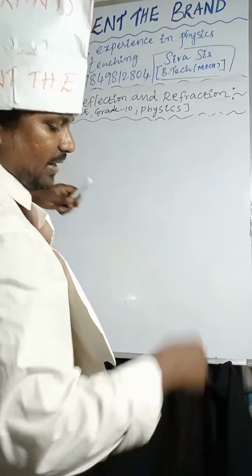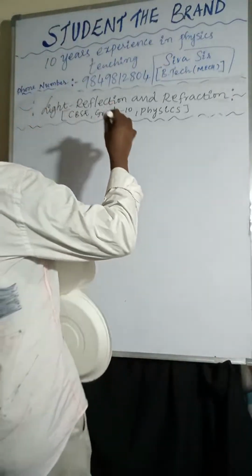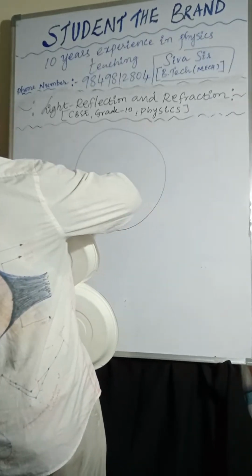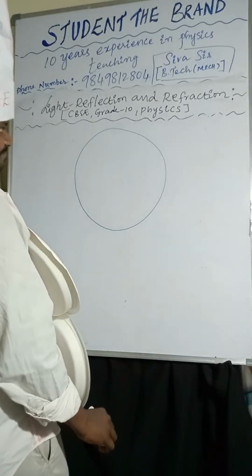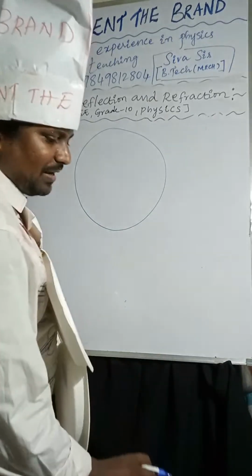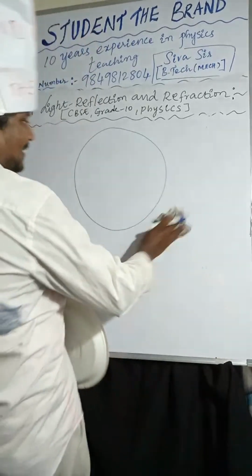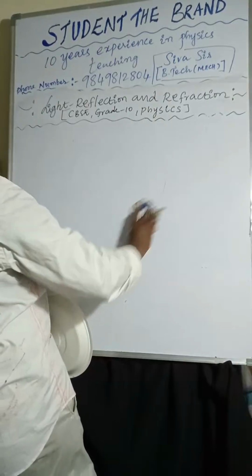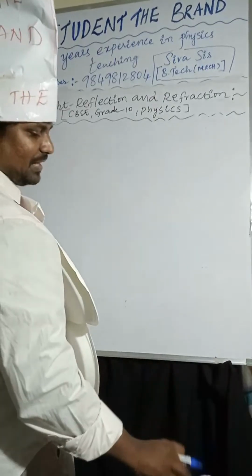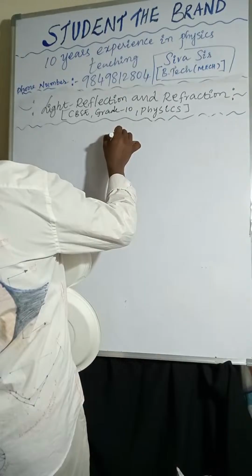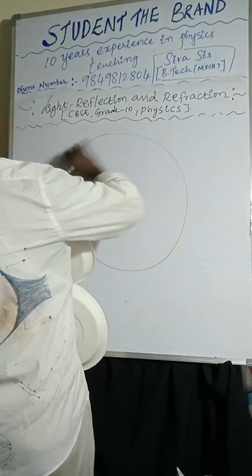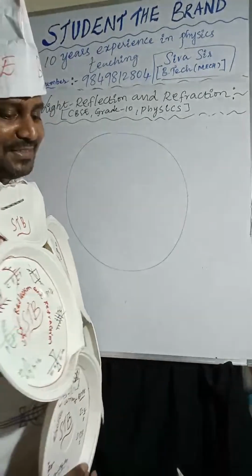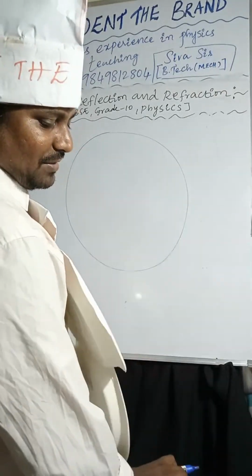So here I'm considering a spherical mirror. I'm taking this sphere. I'll try a perfect circle. Everybody observe, we'll see if we get a perfect circle or not. Very close. Okay, fine.